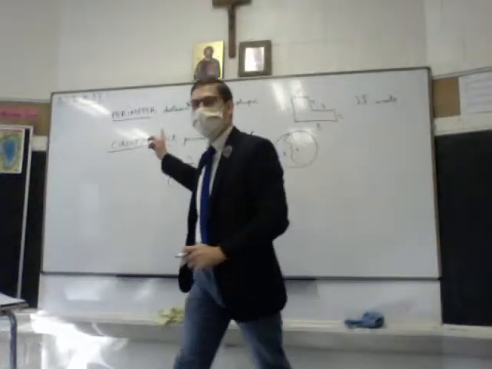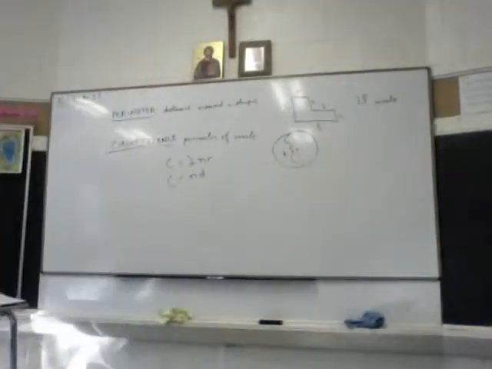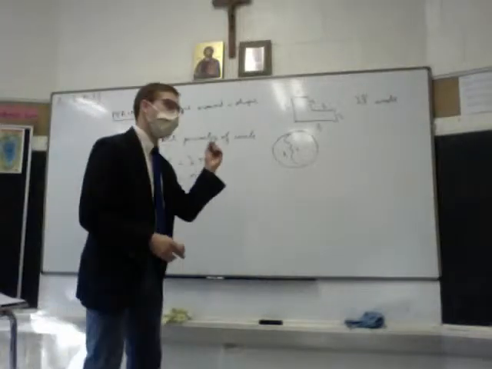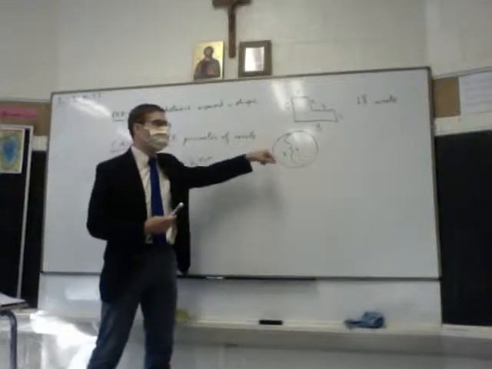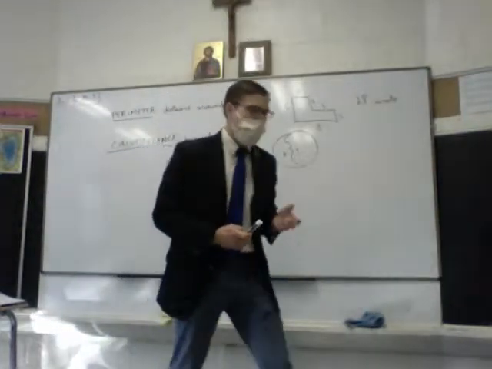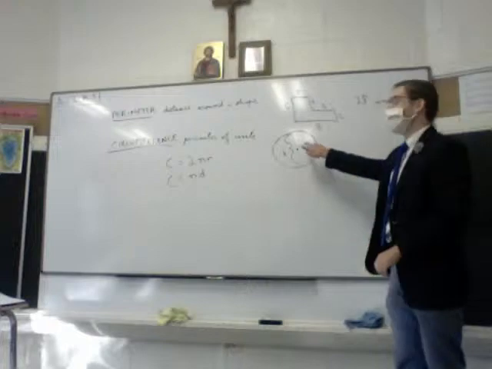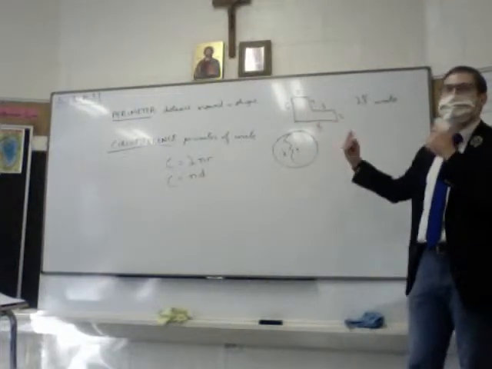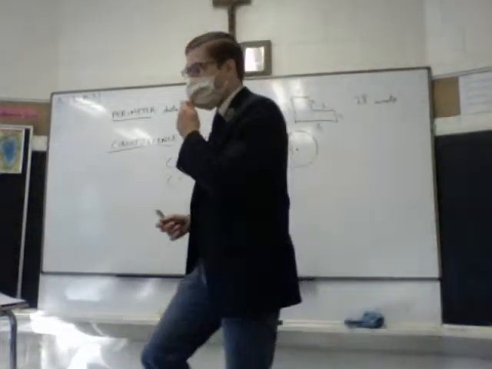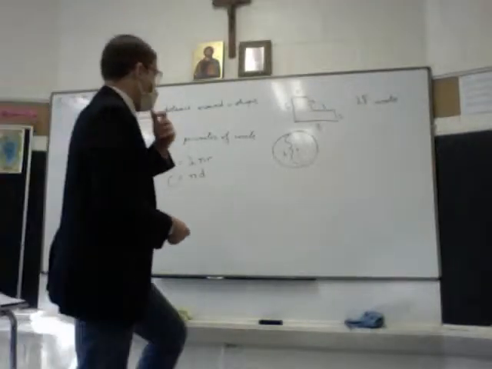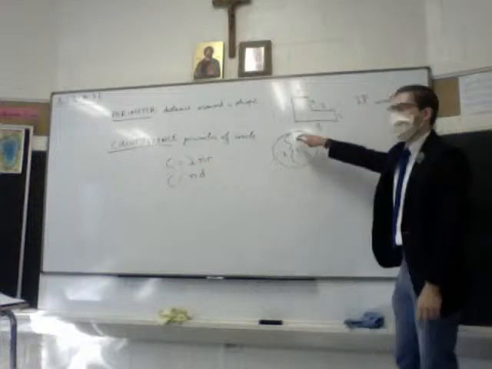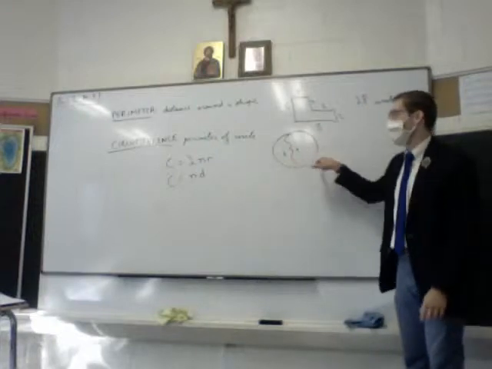Diameter, notice it's got that meter like in perimeter, is from dia, which is Greek for through, and metron, meaning measure. The diameter is the measurement through. The radius is half the diameter. It goes from the center to the edge. The definition of a circle is all the points that are the same distance from one other point. At any point on this circle, the distance to the center is always the same.